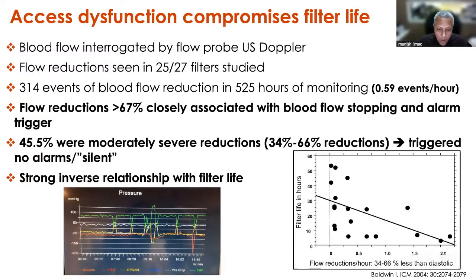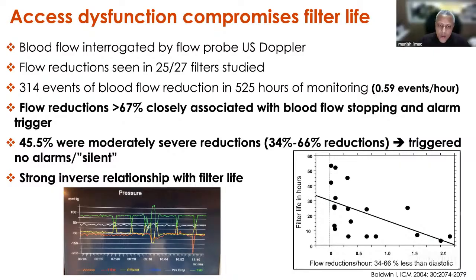So a lot of times, these invisible flow reductions may be happening that are not significant enough to trigger an alarm, but they are actually happening if you do not have a very good access, and they are directly related to filter life. Many times, for no apparent reason, if we see our filters clotting early, this is something to keep at the back of your mind.